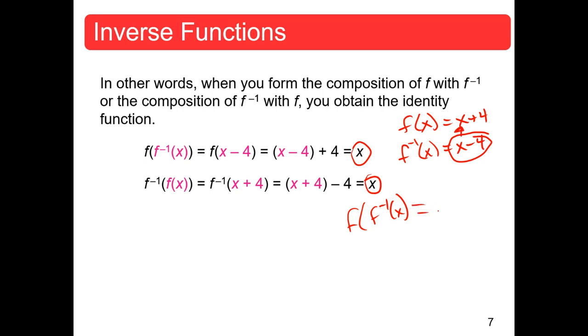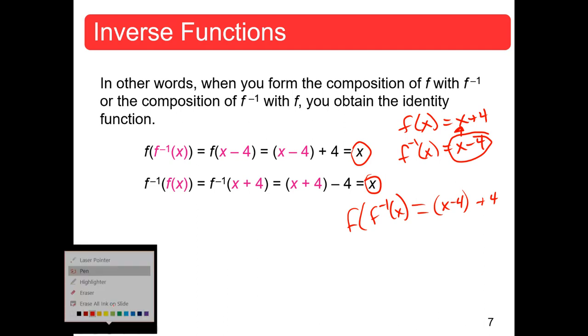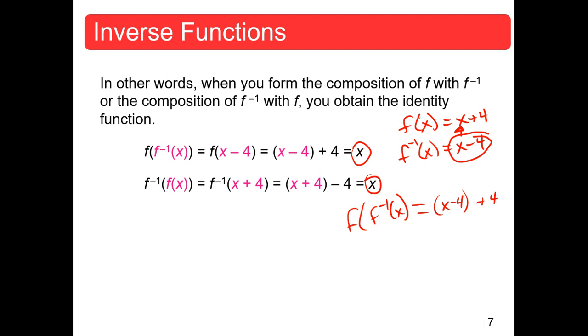So I will end up with x minus 4, because I'm plugging that in for x, plus 4, and those 4's cancel out like they do up here. Same thing in reverse. If I'm going to input f of x into the inverse function, that means I'm going to take this and plug it in for this x, and that's how they get this.